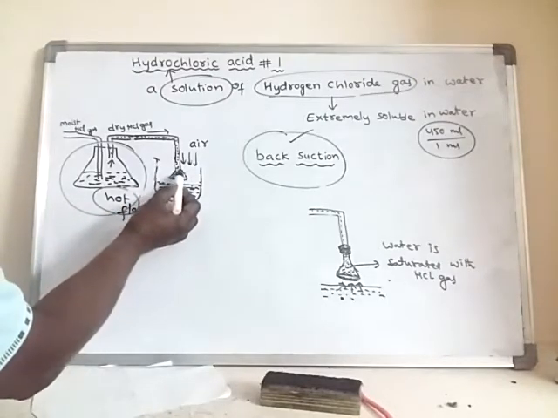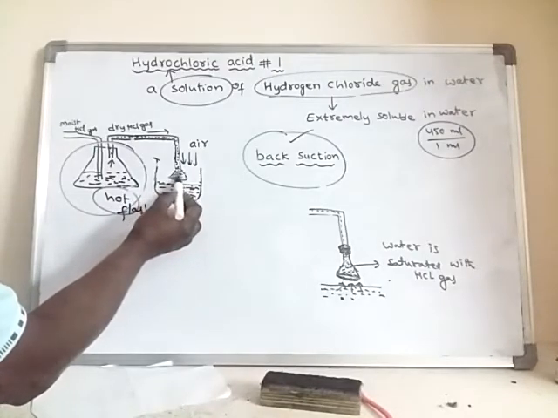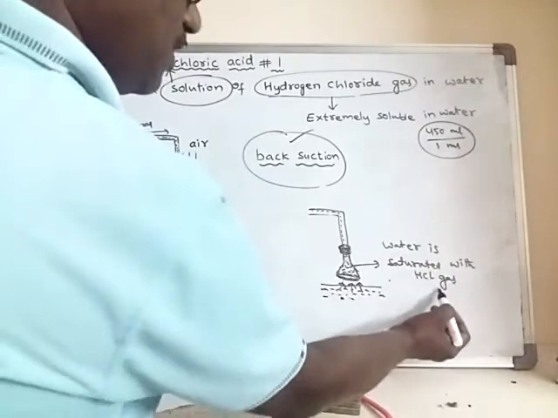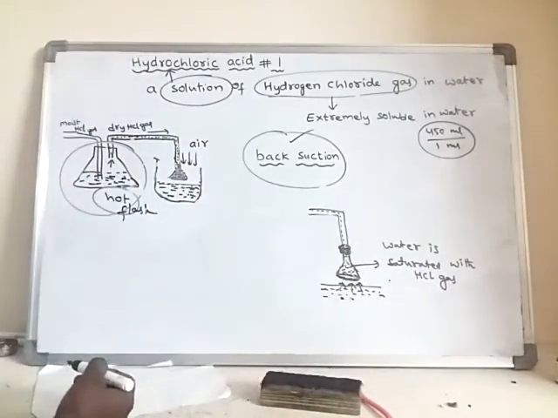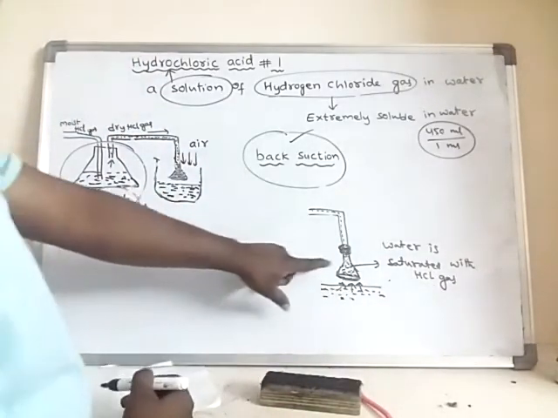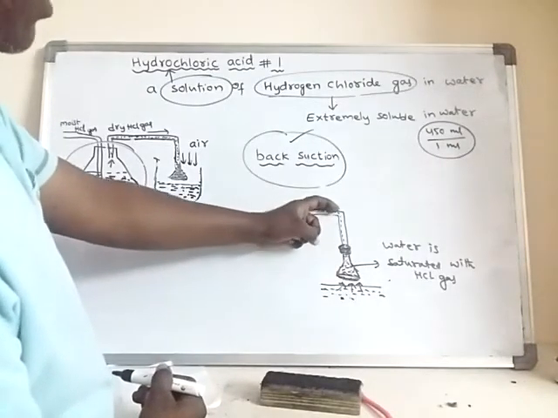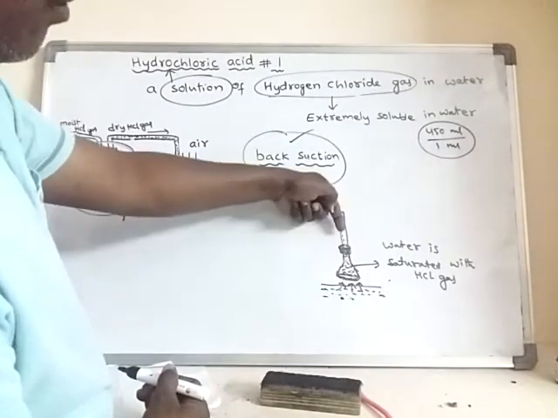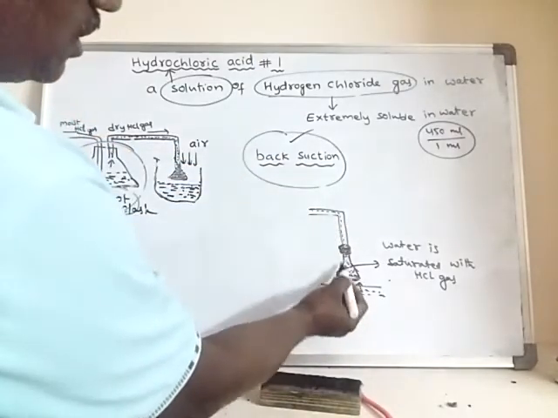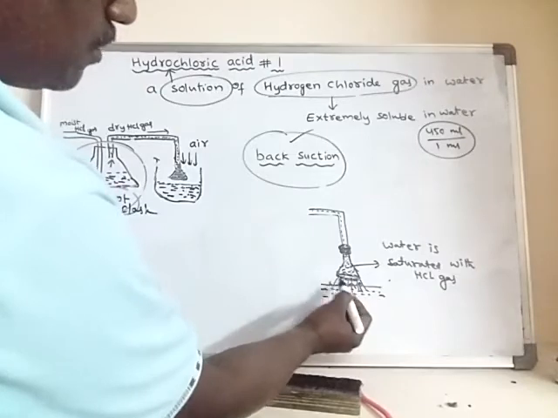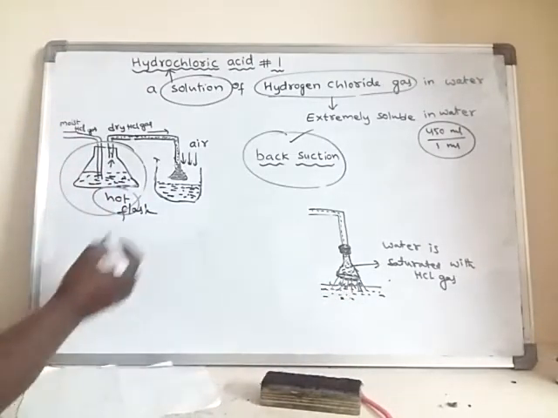Here a saturated solution of water is developed, saturated with HCl gas. Now when water is saturated with HCl gas, the next coming HCl gas will force this saturated solution into this water.